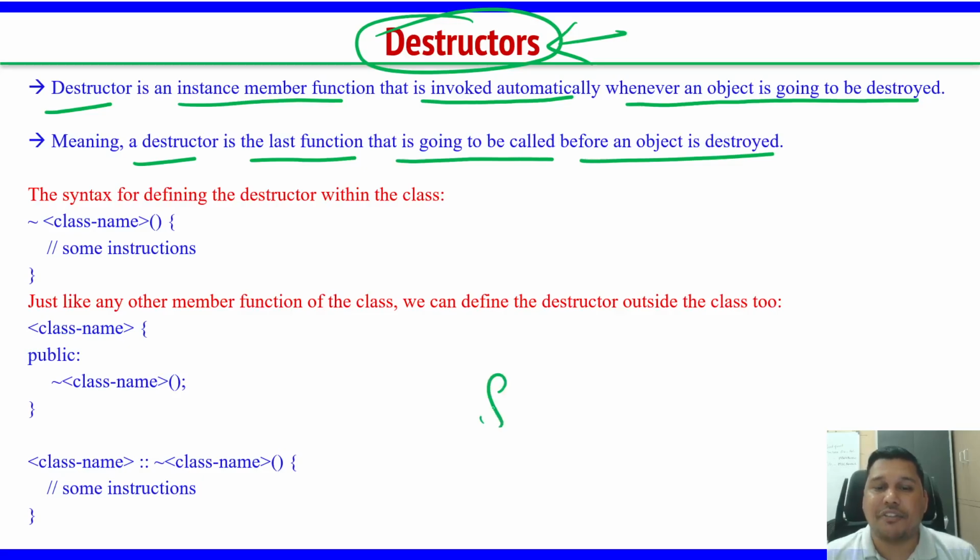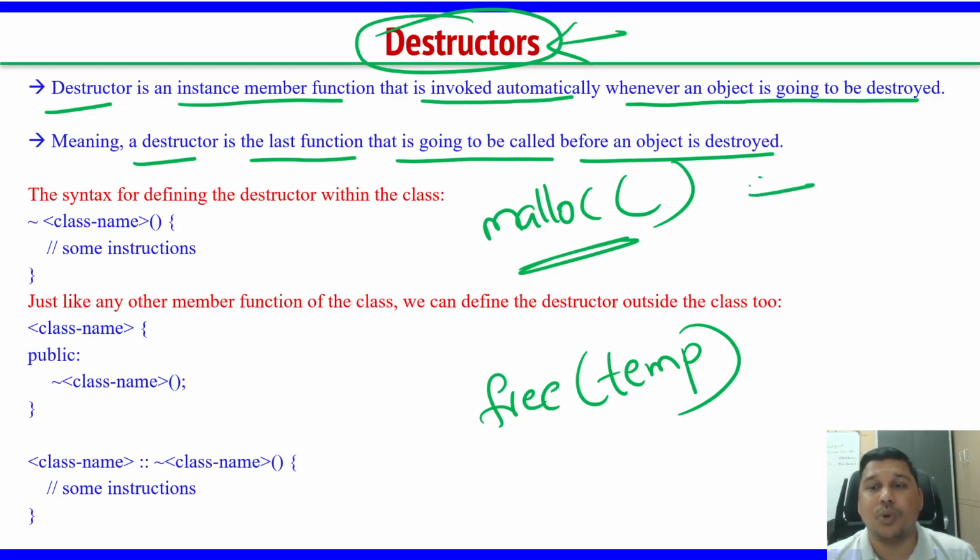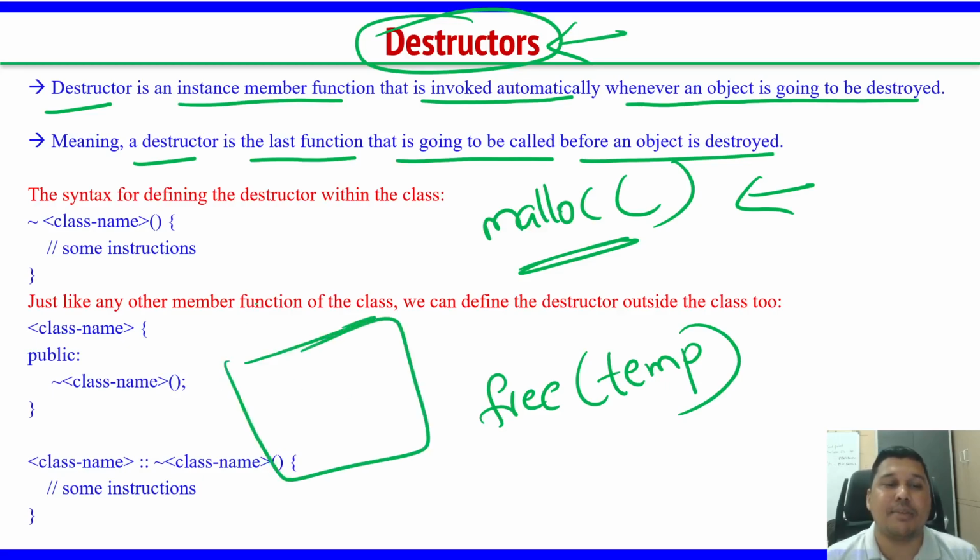See, when we write free of temp using malloc, when you are allocating memory, you are able to see it. Why? Because it is reserving some memory, and I am putting 10 into the variable A. Using malloc, I can dynamically allocate memory like this.